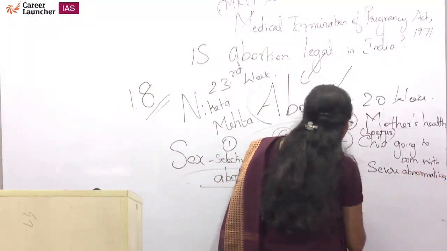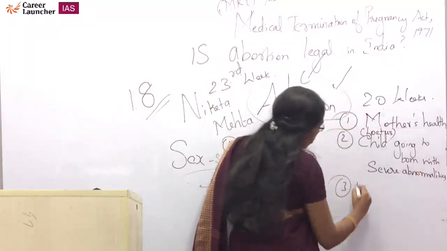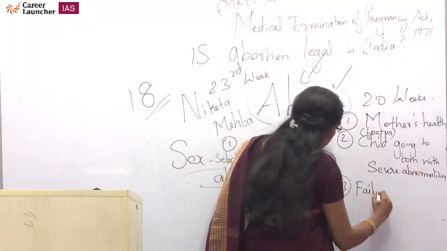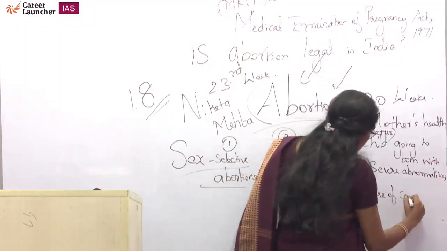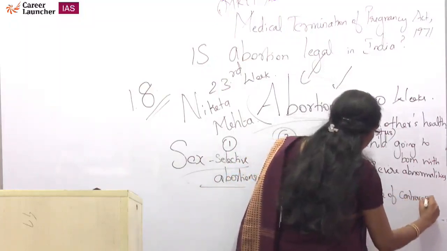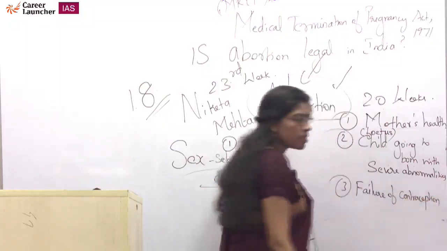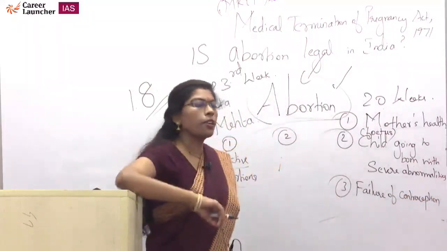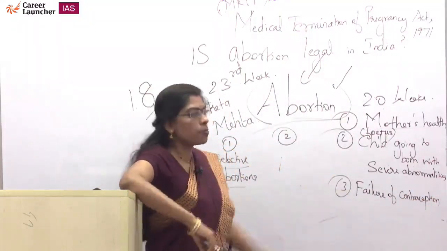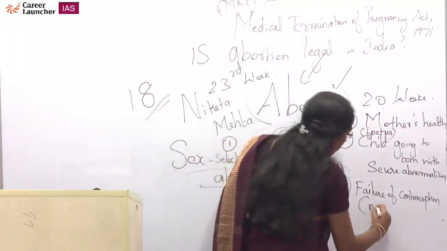So first, it should pose serious risk to the mother's health. Second, the child is going to be born with severe abnormalities. Third, failure of contraception. Failure of contraceptive devices, but this condition is applicable only in the case of married women.